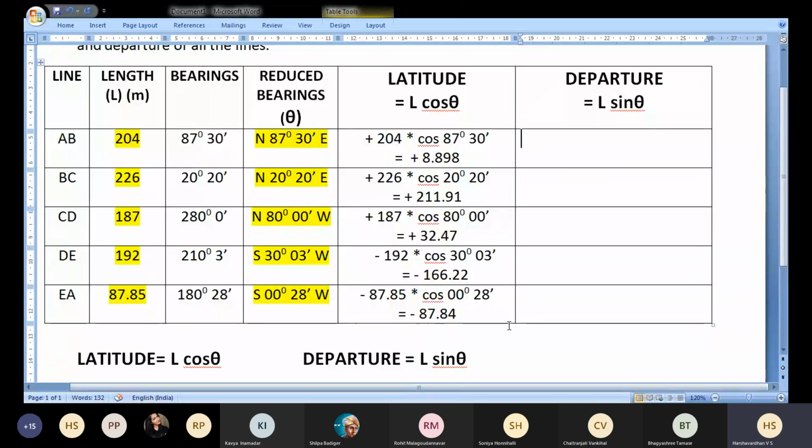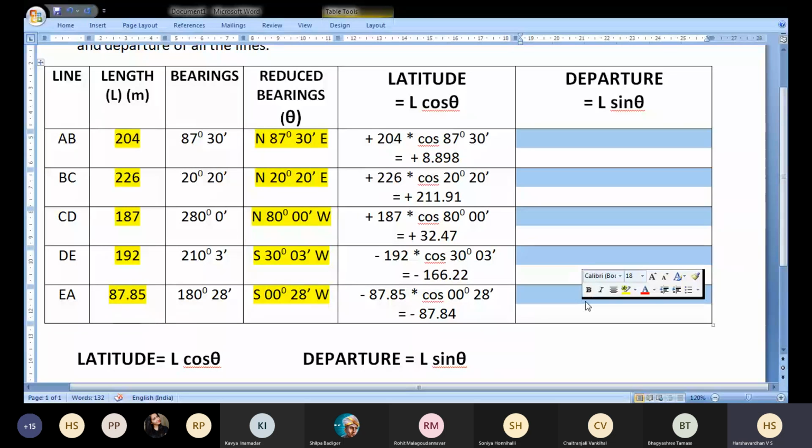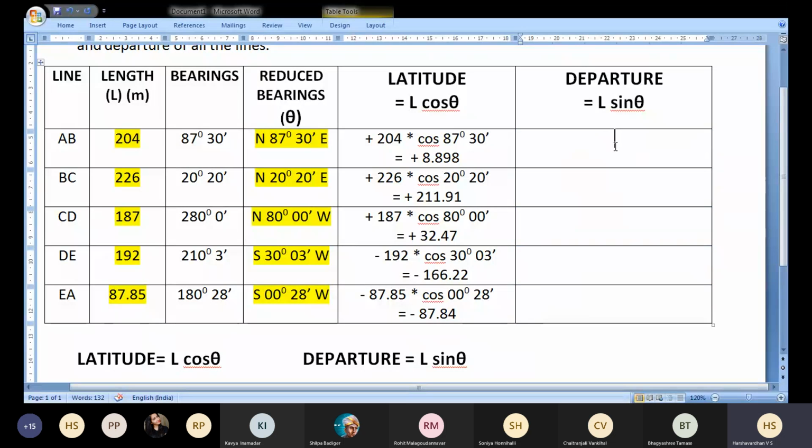Next, we will calculate departure. When calculating departure, we have to see whether the line is eastwards or westwards. If it is east, then it is positive. If it is west, it is negative. For line AB, reduced bearing is northeast, so the line is eastwards and the sign is positive.